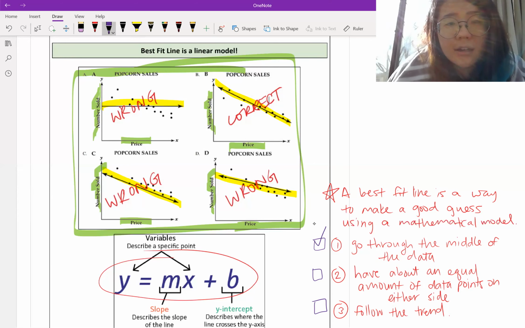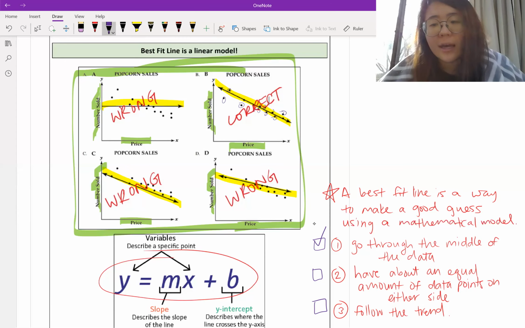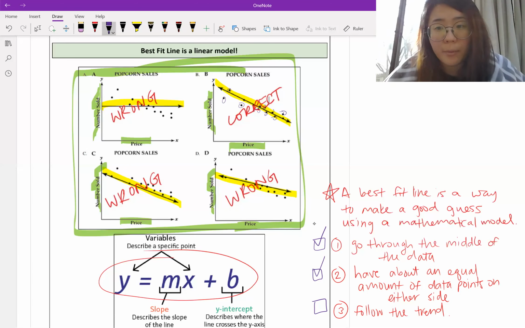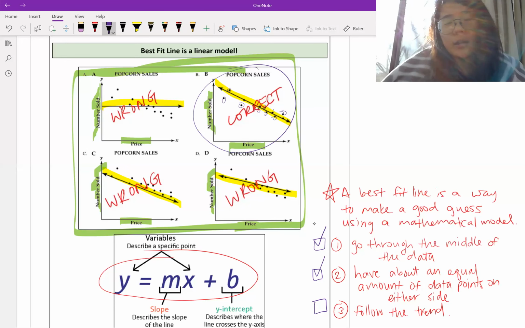Yes, I have about 5 here and about 5 on the other side, so that's also a check mark. And finally, does it follow the trend? The data points between the price and the number sold for popcorn are negative, and this line is negative too. So I know that this graph is the correct one.